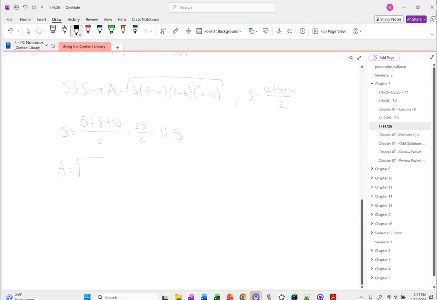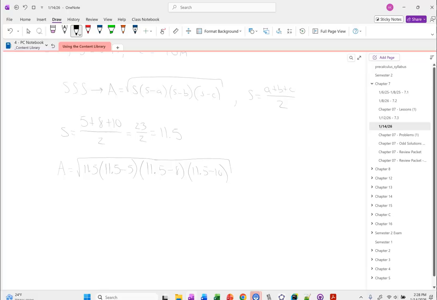And now all I do is I plug 11.5 in place of S, and A in for A, B in for B, and C in for C. Oops. I should have done something before I started. Who sees what I forgot to check? Not if it's a right triangle.